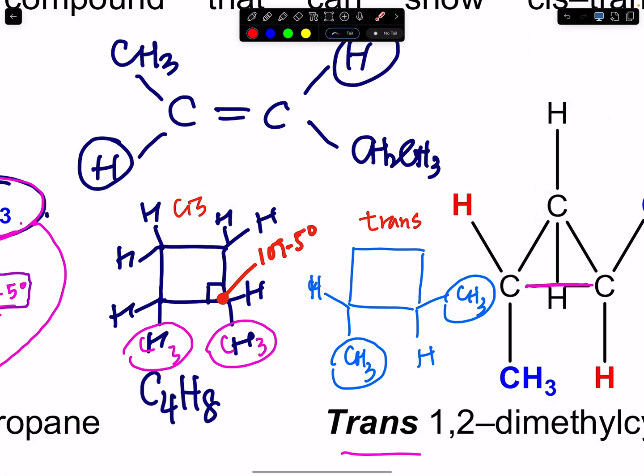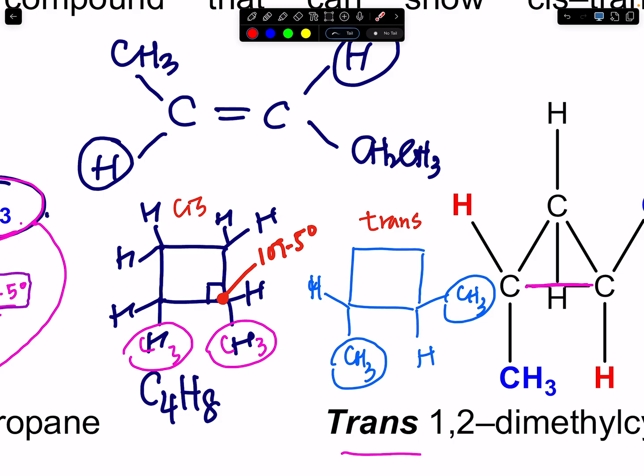Now, you might be thinking, then how come the syllabus stops at carbon 4? How come the syllabus doesn't go to carbon 5, carbon 6, carbon 7? Because if you study E-math, you would know that the internal angle of a polygon gets bigger and bigger as your ring gets bigger and bigger as well. Carbon 3 is 60, a triangle is 60, a square is 90, next will be a pentagon is 108 degrees, correct?